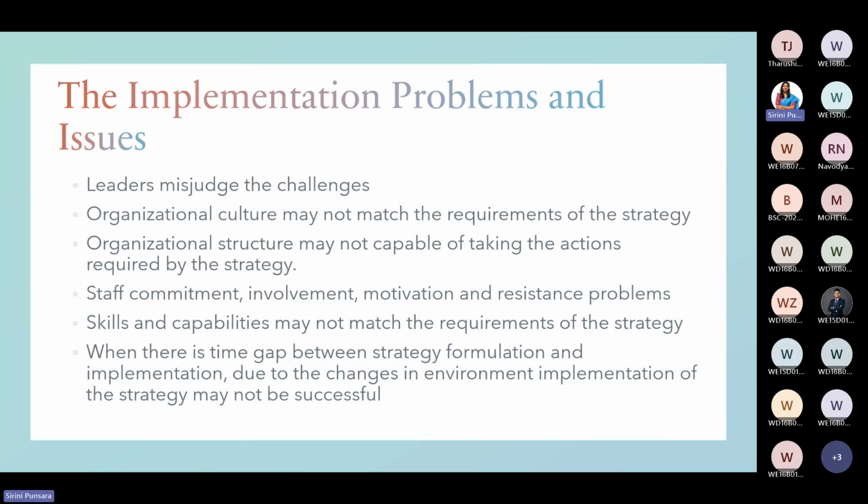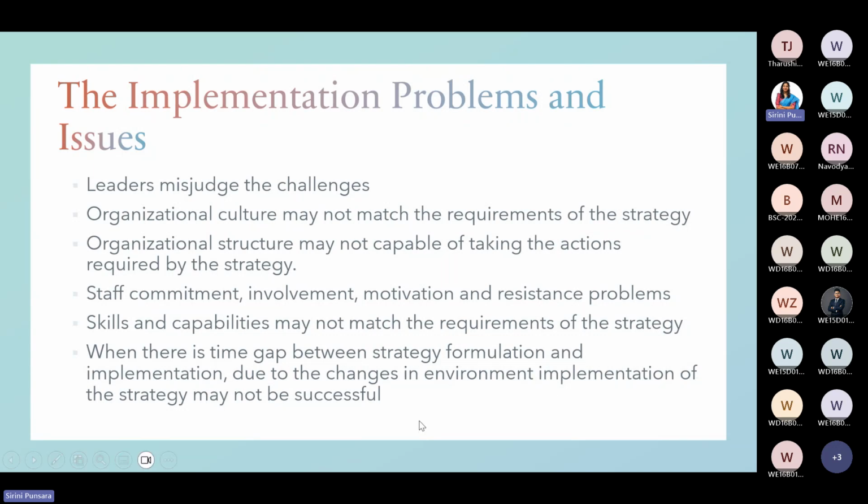So if we take more time to implement from the time that we create the strategy, then the environmental analysis which we have done may not be enough, because environment is something that changes quickly. The results of the environmental analysis may not be valid at the point we implement the strategy. In that case, there can be issues when we implement.